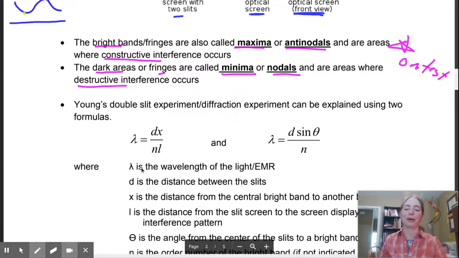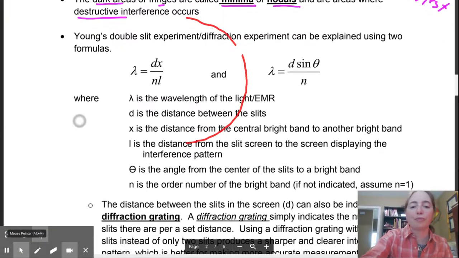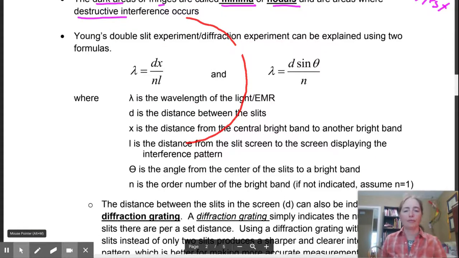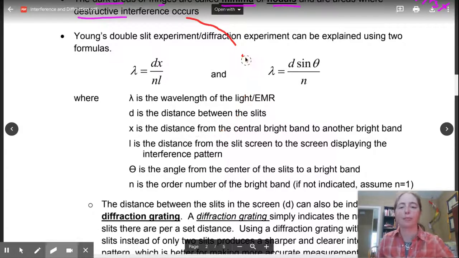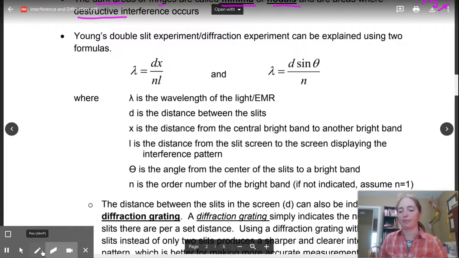Okay, let's look at our equations. We've got two equations. One can be used all the time, and one can be used some of the time. Okay, so lambda is our wavelength.